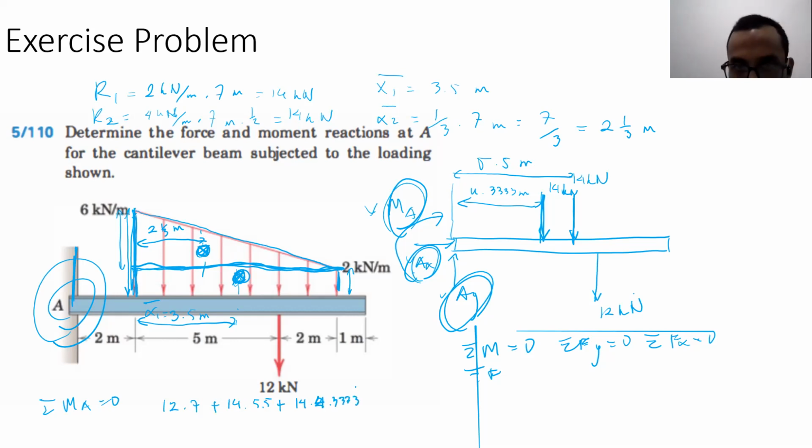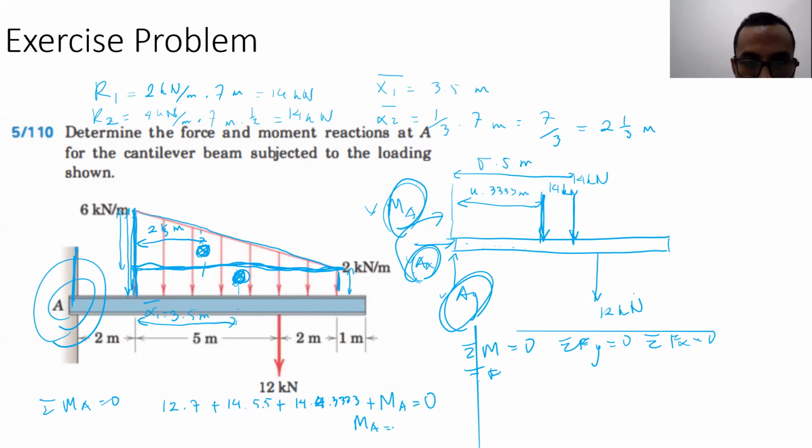And then the moment at A, yes, correct. You're supposed to put it there because moment at A will not be gone when you take sigma moment at A; it will be there for all the points in the beam. Equal to 0 then. In this case, we have moment A equal to?